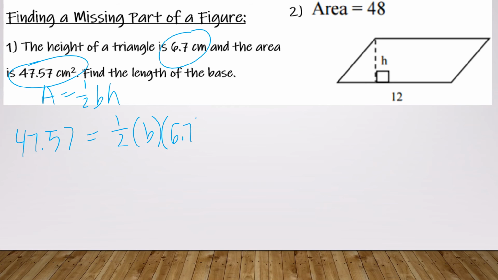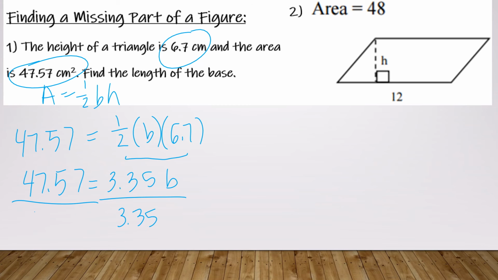So I need to take my 1/2 and my 6.7 and multiply those together so that I get one constant with the b. So if I do that, I get 3.35b. And then to get b by itself, I need to divide both sides by 3.35. And you end up getting b equals 14.2 centimeters.